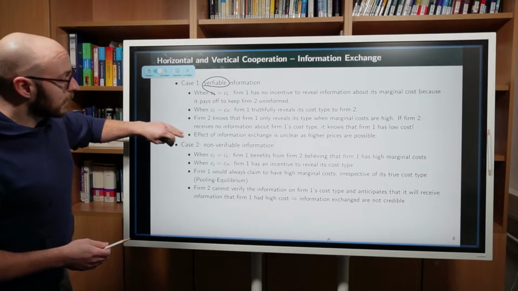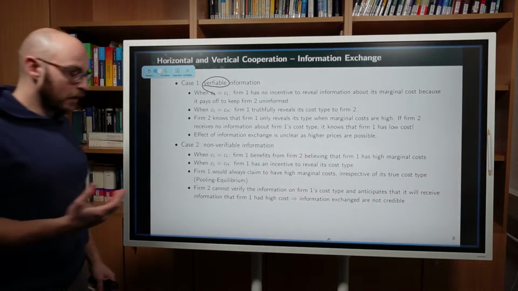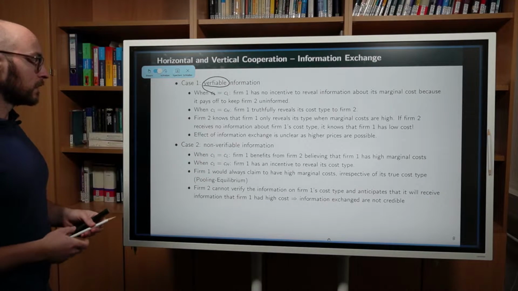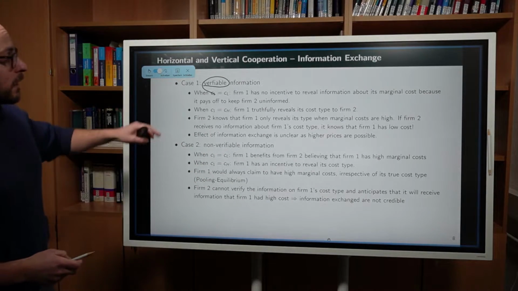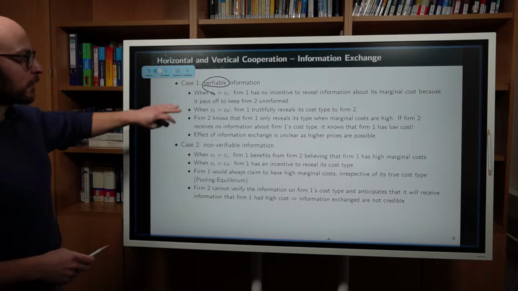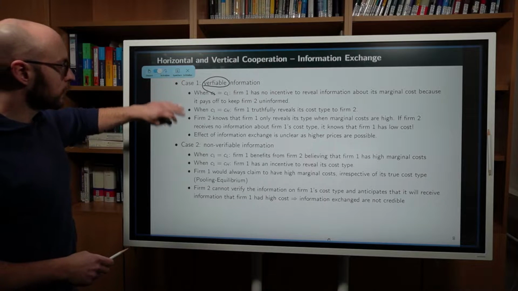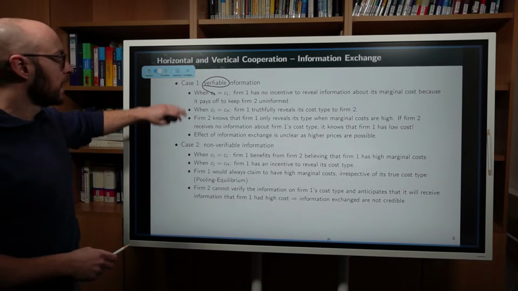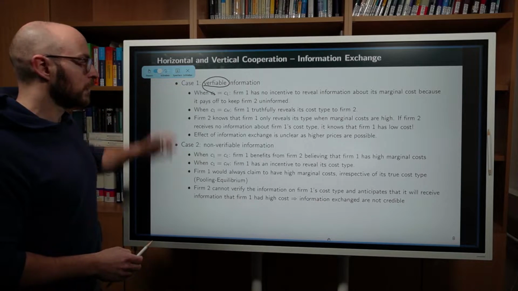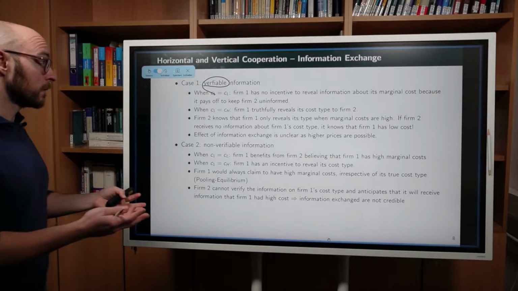And in that case, we have a situation where we can separate the two types. That's why it's called a separating equilibrium, because if firm 1 tells firm 2, look, I'm a high type, firm 2 can verify this information, and if firm 1 does not reveal any information, firm 2 knows that it will be a low cost type because there are only two types, right?